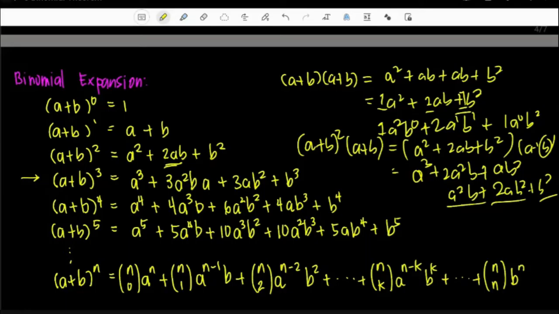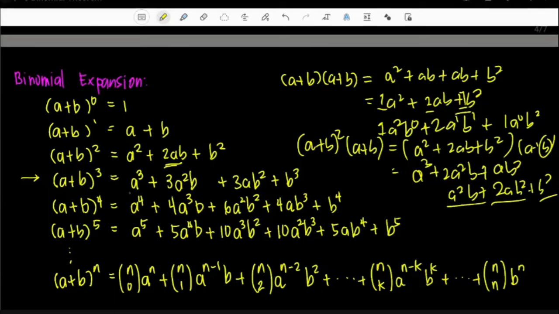So we can observe the same pattern, right? So the powers of a start from 3 and then reduce by 1. So 3, 2, 1, 0. There's no a here. On the other hand, the powers of b start from 0.